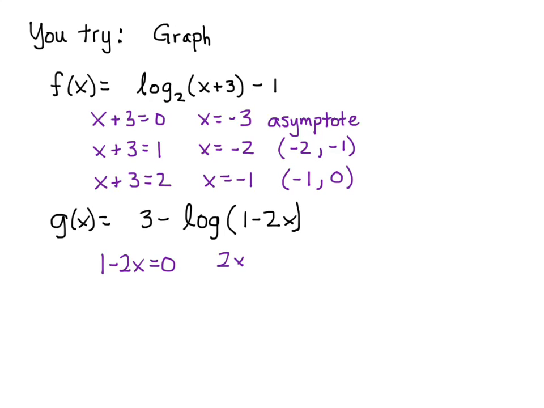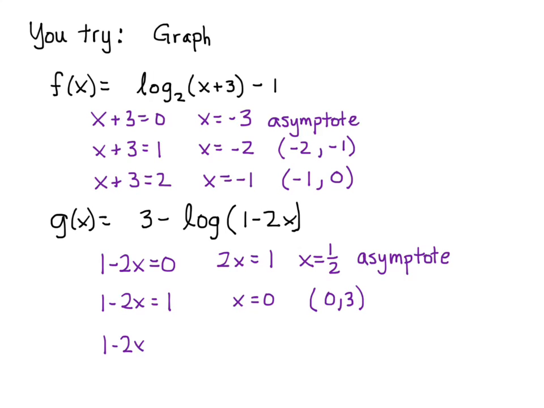Similarly, if we do that with the next one, we set it to 0 to find the asymptote, we set it to 1, which gives 0, 3, and then we set it to the base, which is 10, and we end up with -9/2, 2 for that second one. Okay, so I'll put this on a graph.